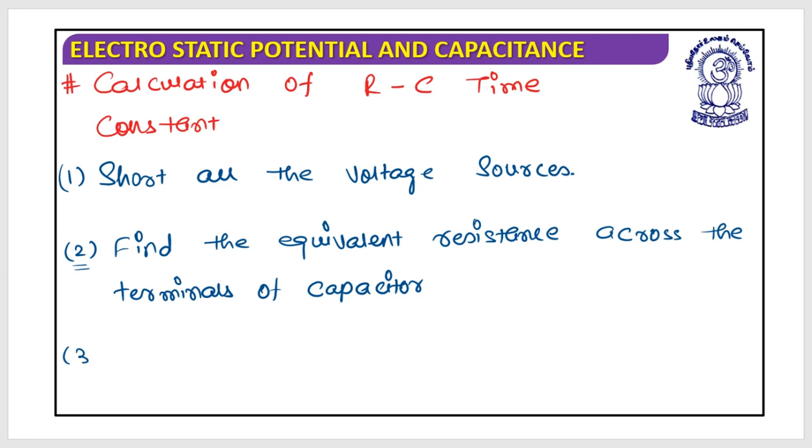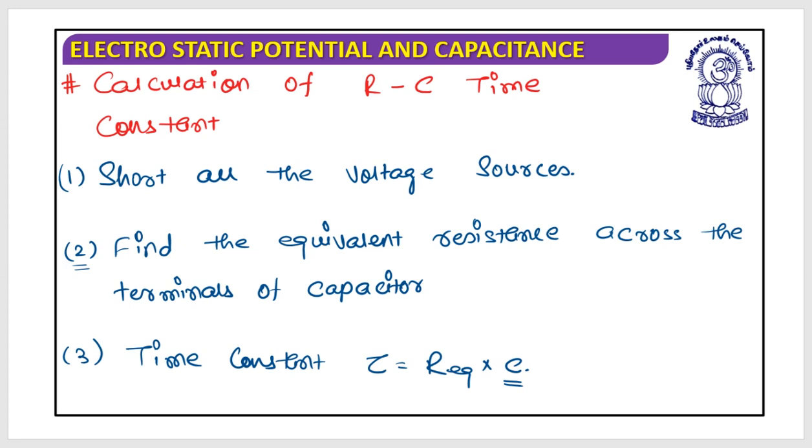And the third, it's the time constant, which would be tau equals R equivalent multiplied by C.